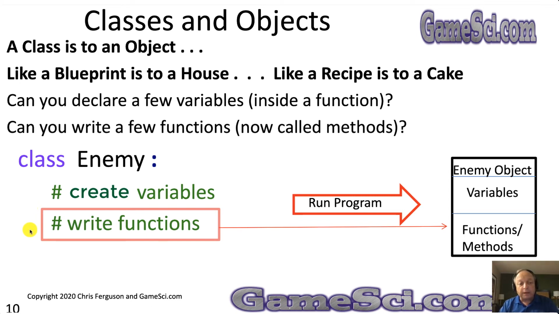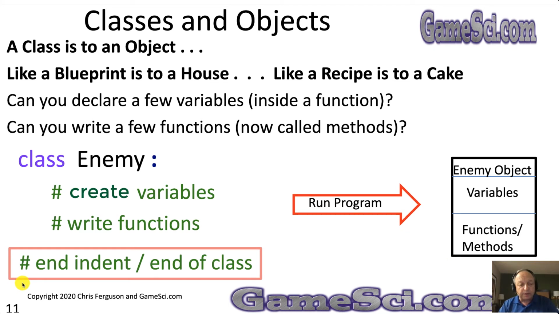We've written plenty of functions in this course. All you have to do is write them inside the class. You create some functions inside the class, and boom, they become methods of your object. And that's all a class/object is. It's a set of variables and a set of methods inside a class, so they become part of your object.